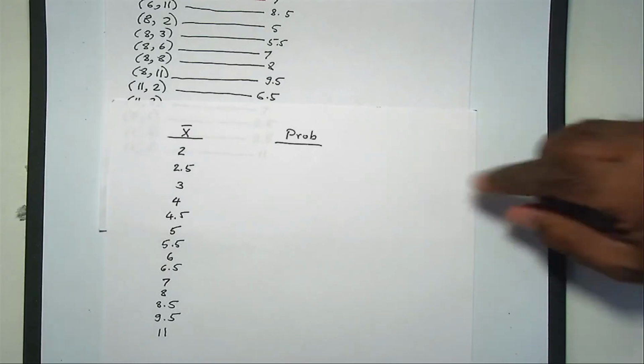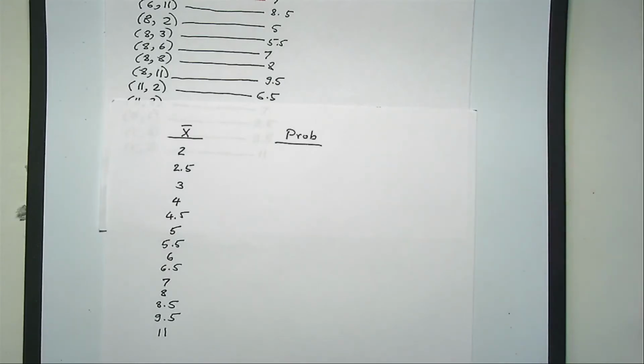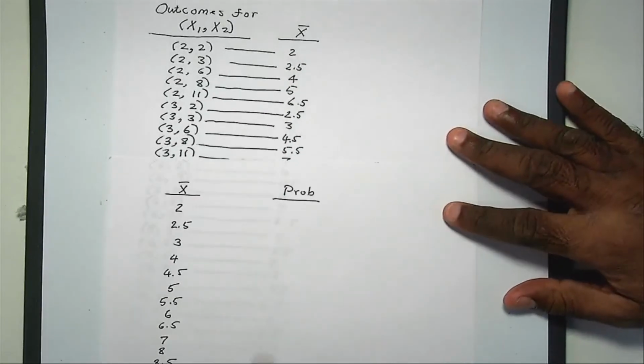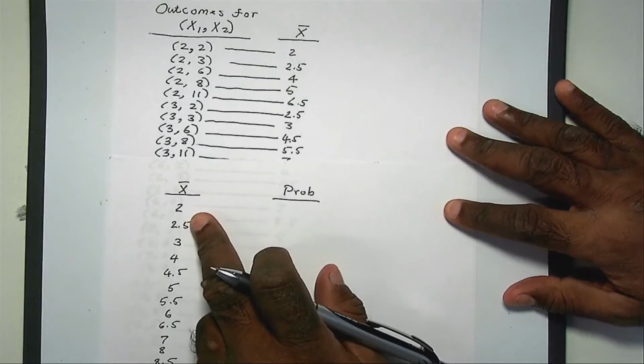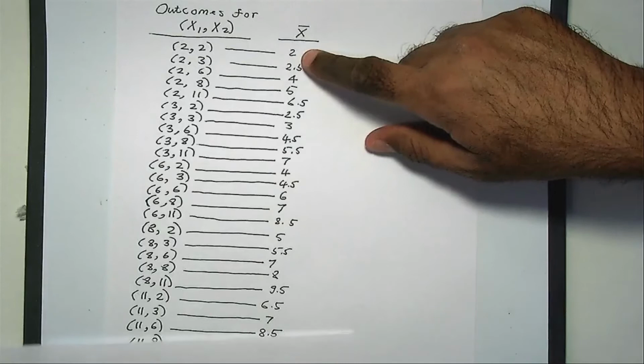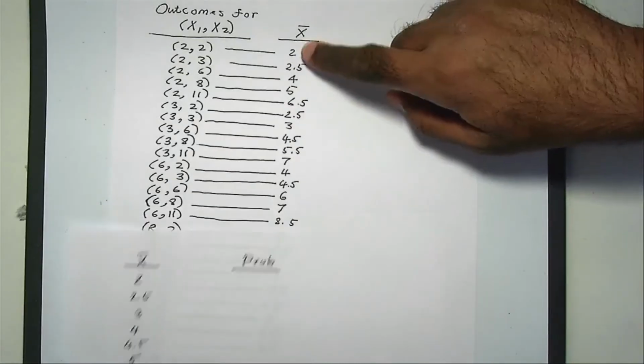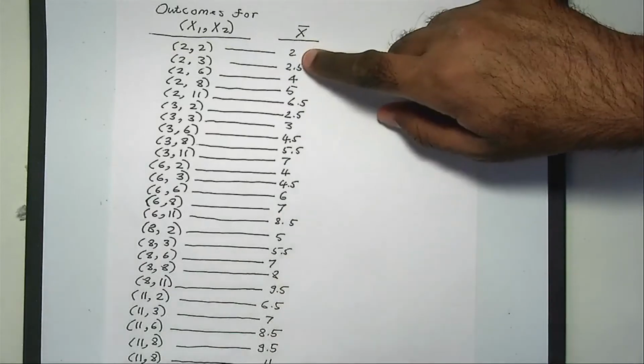Now, to find the corresponding probabilities, what you need to do is go back to this table, right? Go back and see how many times you had 2. If you look at this table, there's only one out of the 25 outcomes that has 2 in it.